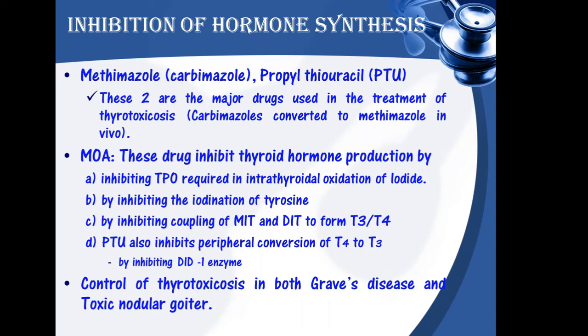PTU, or propylthiouracil, also inhibits peripheral conversion of T4 to T3 by inhibiting the deiodinase enzyme. So they control thyrotoxicosis in both Graves' disease and toxic nodular goiter.